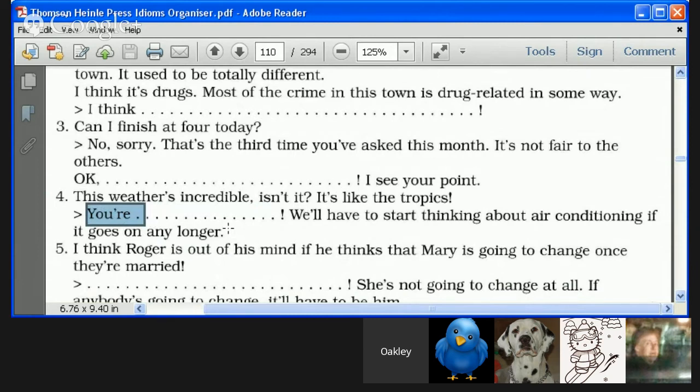Not really "now you're talking." You're not saying "now you're talking" because you're very excited that we're going to have to buy air conditioning while we're sweating through our clothes. "Now you're talking" means something's good, and I agree because it's something good. This is something I want to do and really like. They're talking about how the weather is way too hot, so there's no way you could use "now you're talking."